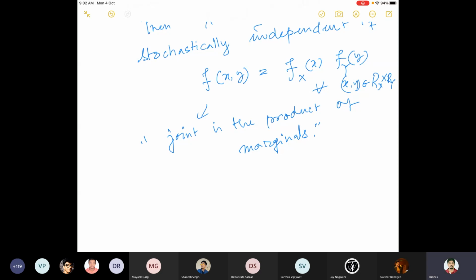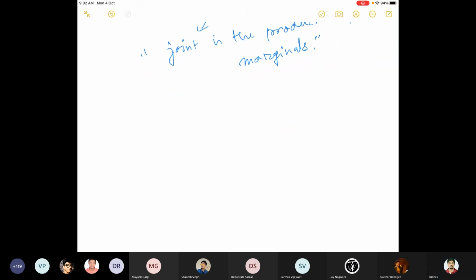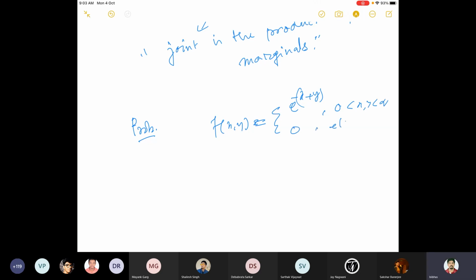Okay. So let us see some problem. Suppose f(x,y) is equal to e to the power minus (x plus y) when 0 is less than x, y less than infinity, and 0 otherwise. The question is whether X and Y are independent.